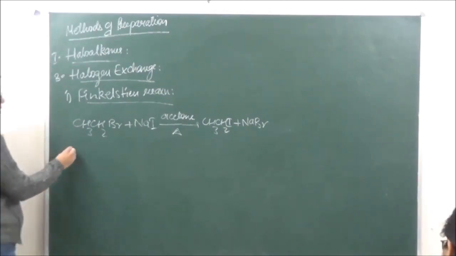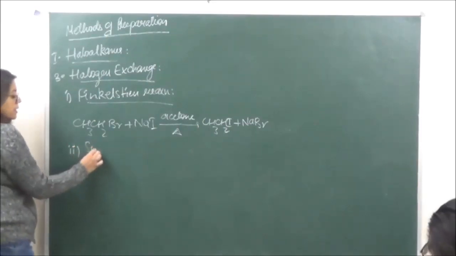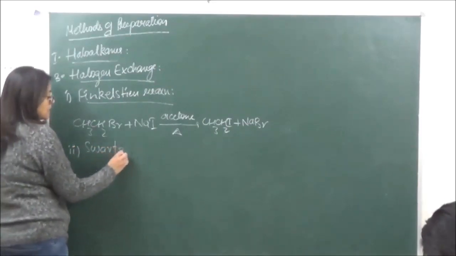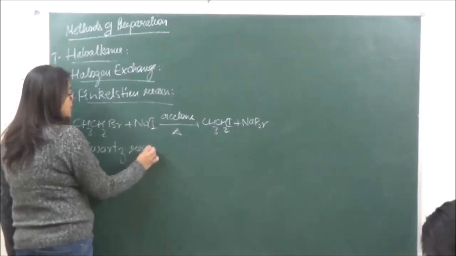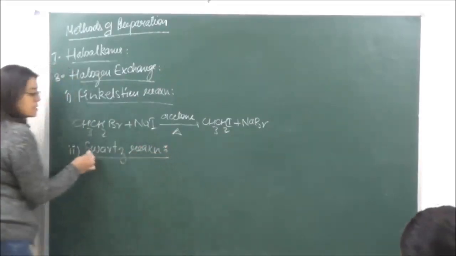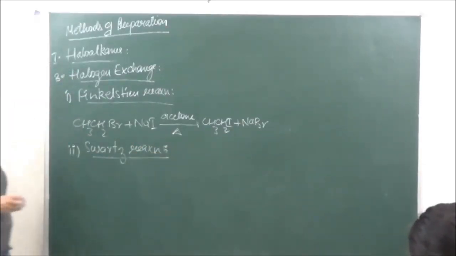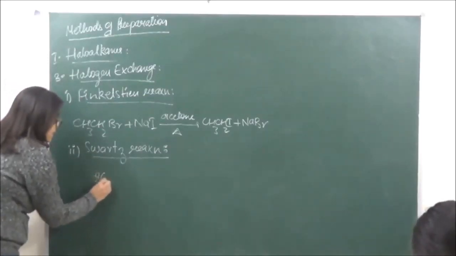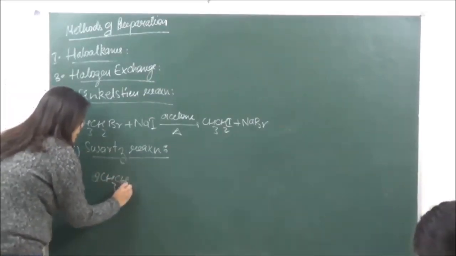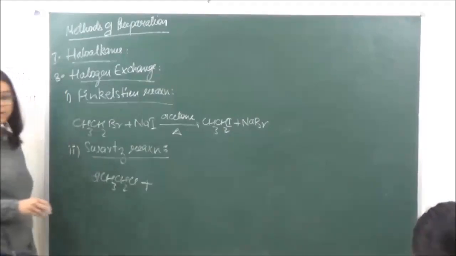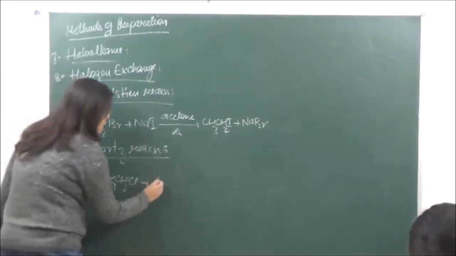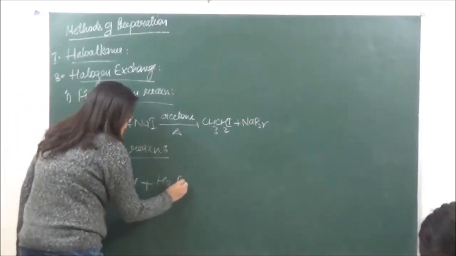Then the second name reaction which we do over here is Swarts. Swarts reaction में हम फ्लोरीन के साथ substitution करते हैं. So we have over here Cl plus we can react this with Hg2F2.